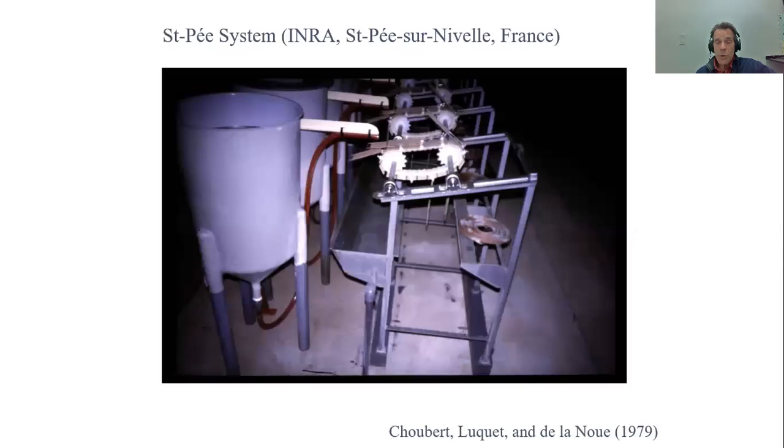The Senpei system, the French system, is a series of rotating screens. So you have a semi-conical bottom tank, which the fish are swimming in. The water flows from the bottom. You lift it and you bring it to the series of rotating sieves. So the standpipe, right? The water flows over. The sieves are rotating.